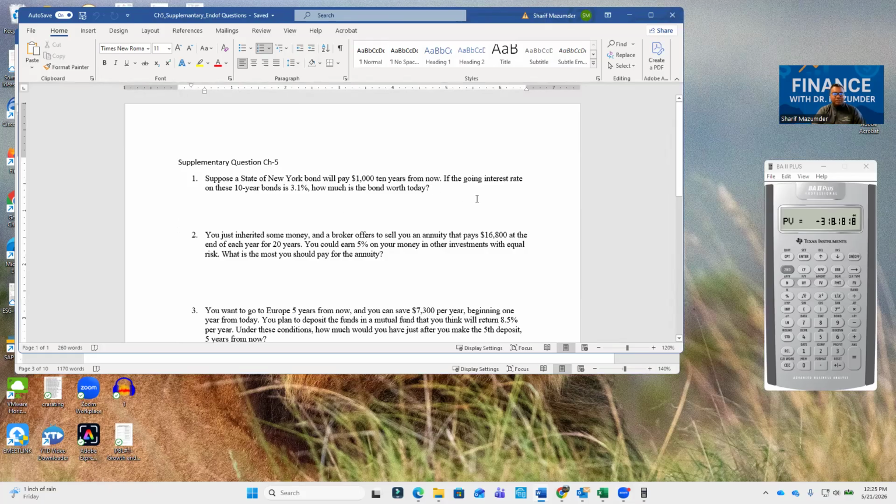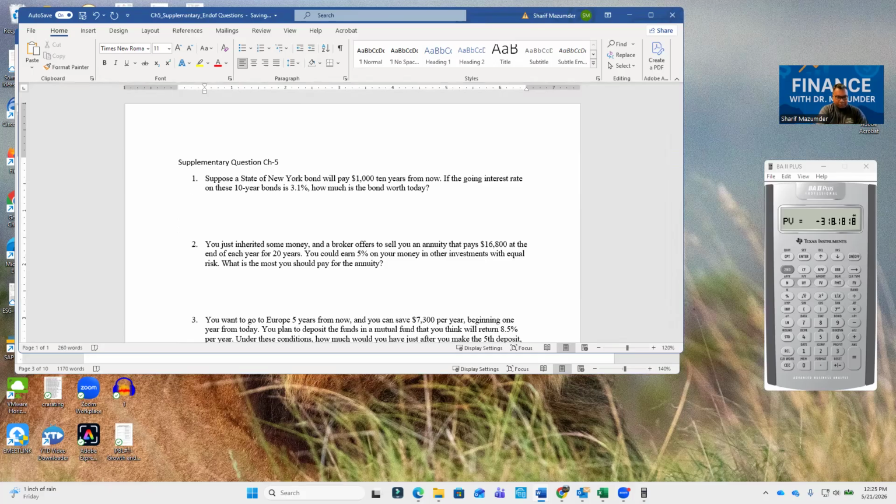Okay, so let's put in the numbers first. The future value is 1000 and N is 10. I/Y is 3.1. Payment is 0. Compute present value. Now we are going to put the numbers into our financial calculator.